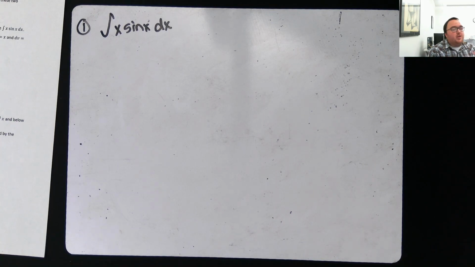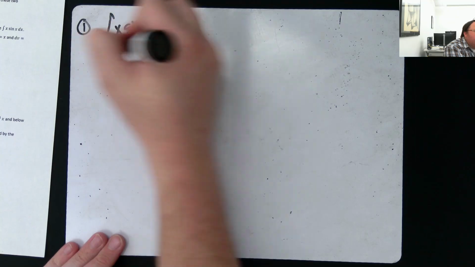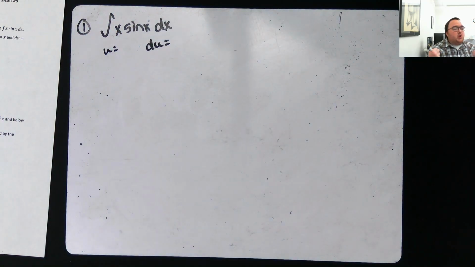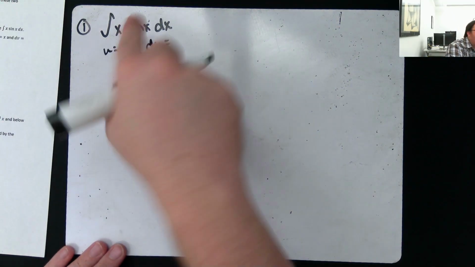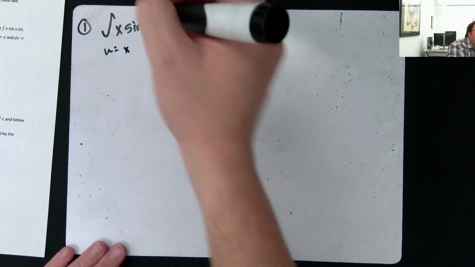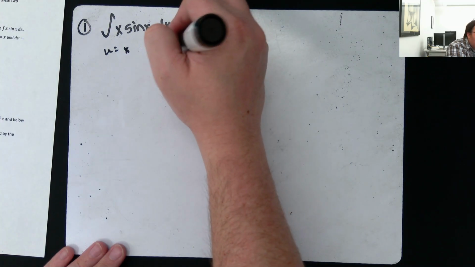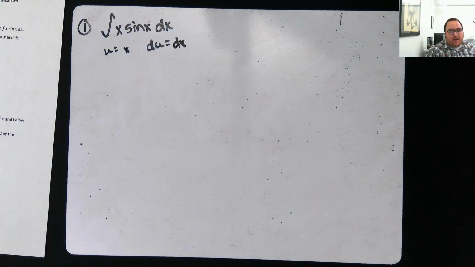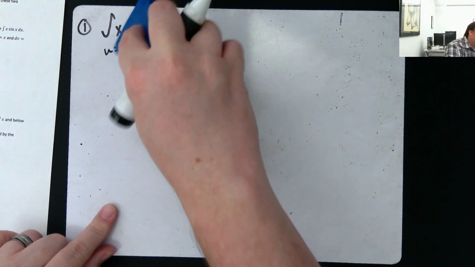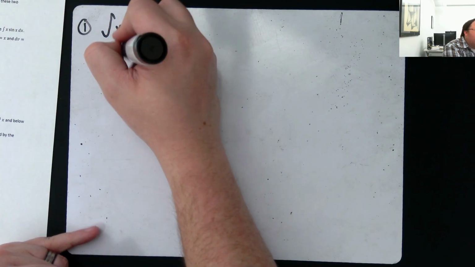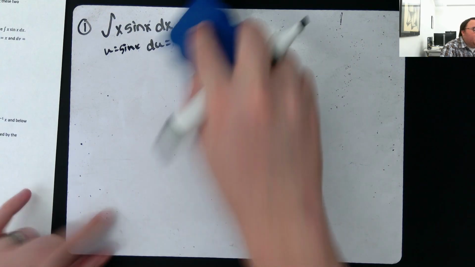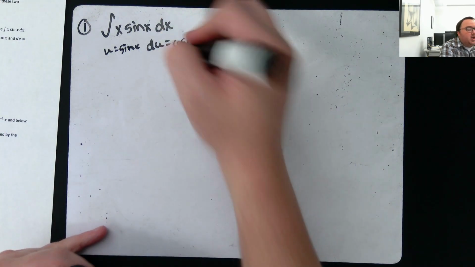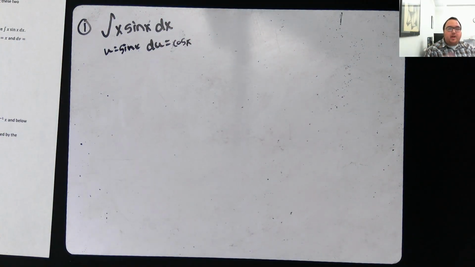Now, what we have done in the past is we'd say, let's find a u so that I have a du. Well, if you notice, that doesn't really work here, because if I tried and let the u be equal to an x, du would just be dx, and it wouldn't change anything. If I tried to let u be equal to sine of x, du would then be cosine of x, which I don't have. So it doesn't work. What I have been trying up until now wouldn't work here.